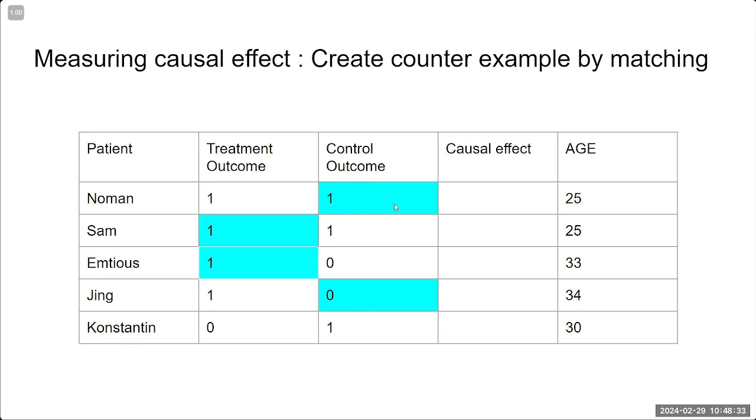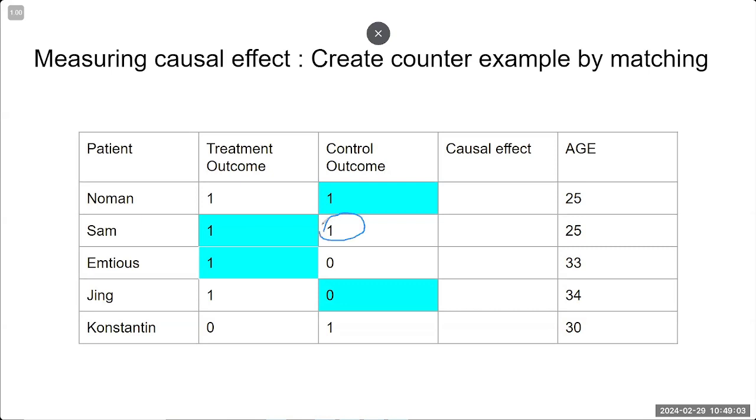For finding the counter examples, we can run some machine learning algorithm or some matching algorithm. So for example, you can see that in the first two rows, Noman and Sam have similar age. They are of age 25. Sam is from the control group, and without the vaccine he was treated. So for Noman also we can give it a 1.